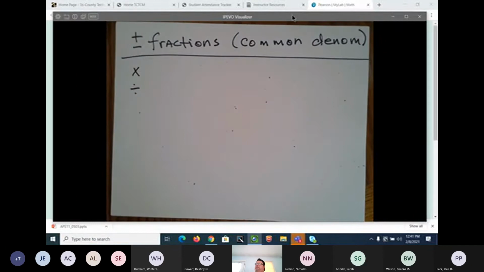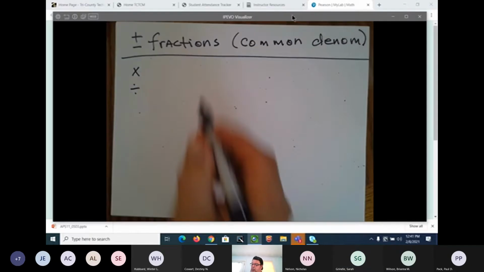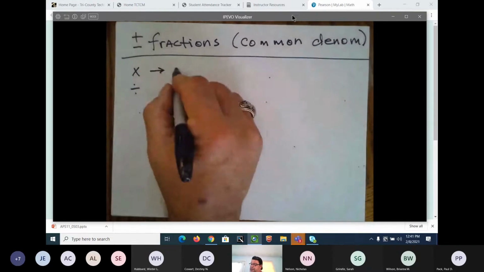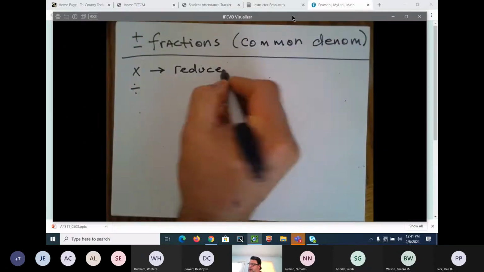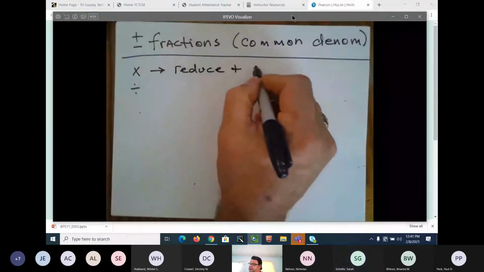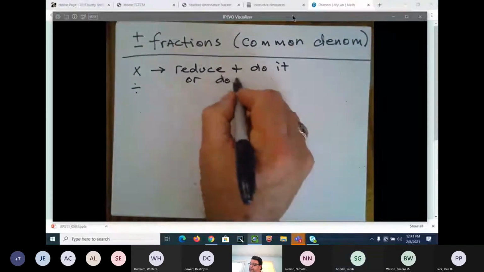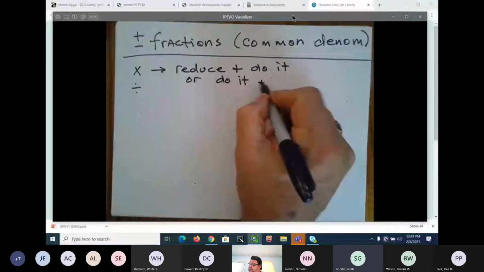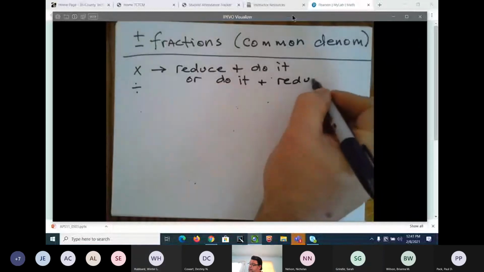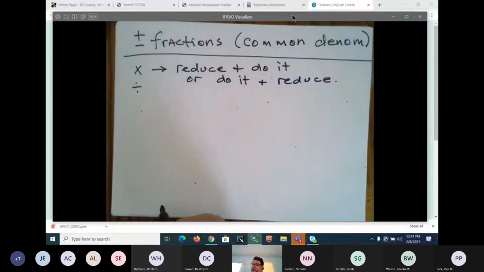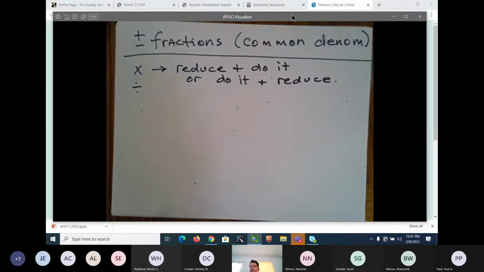Multiplying and dividing fractions, you don't have to do much. With multiplying, you either reduce and do it, or do it and reduce. And what do you do with division? Well, there is no division.